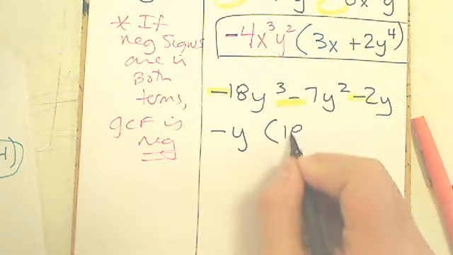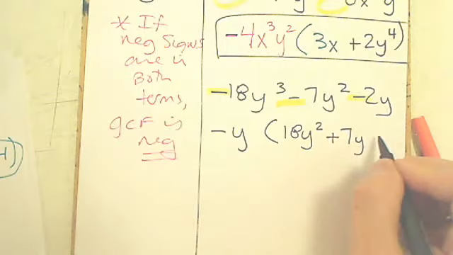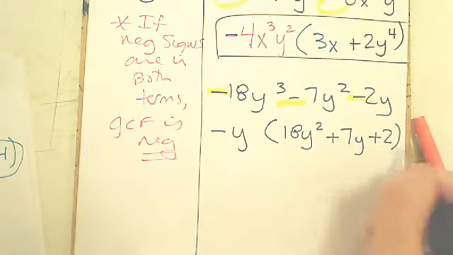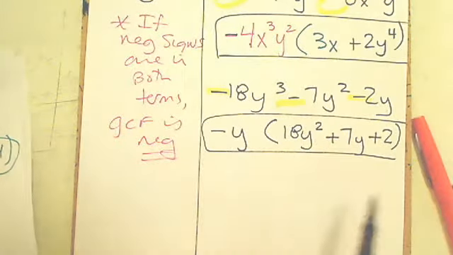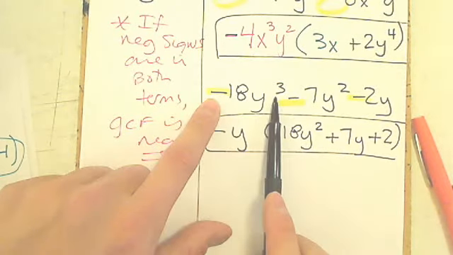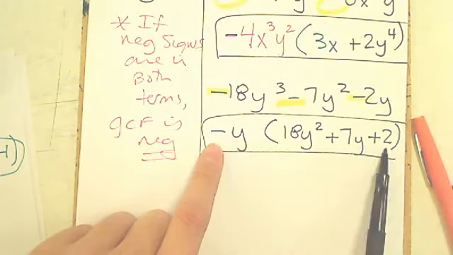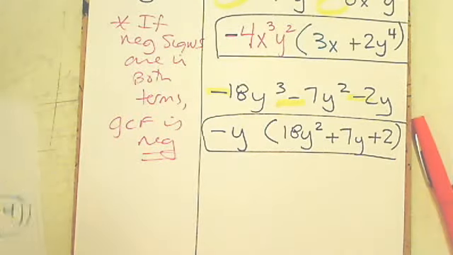Leftovers: 18y^2 plus 7y plus 2. I check to make sure it's correct. Negative y times 18y^2 is negative 18y^3. Negative 7y^2, y and y, negative 2y. There it is.